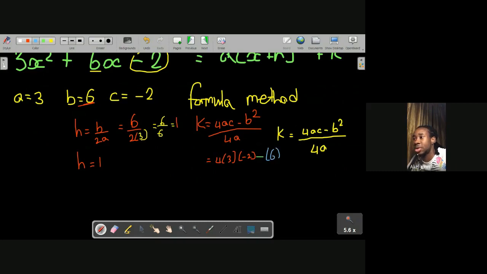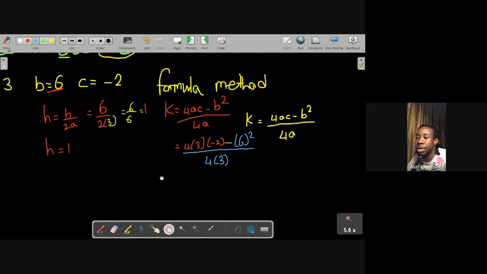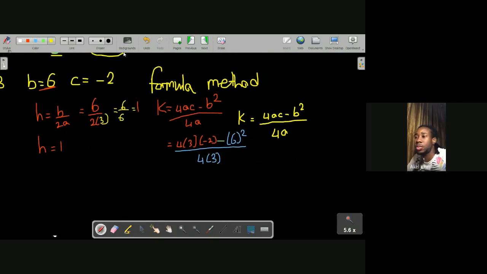So that is 6 squared over 4a, and we're putting a as 3. So now let's multiply. 4 threes is 12. 12 multiplied by -2, that would be -24. And 6 squared is 36. And that 36 now meets the negative sign down here. So that would be -36.